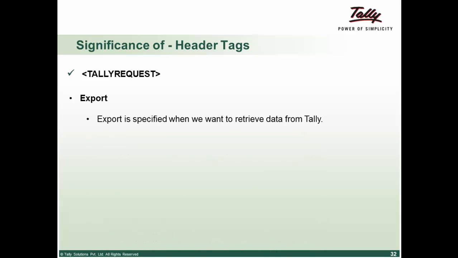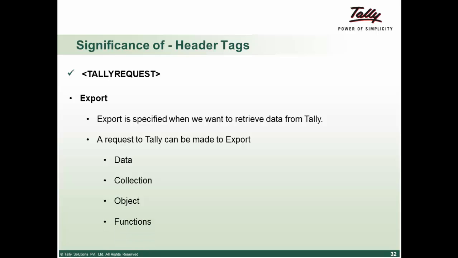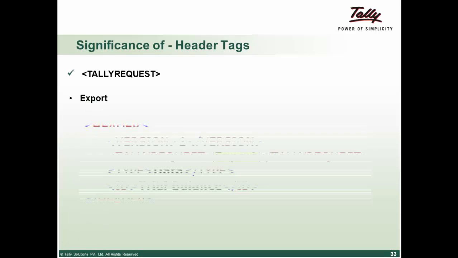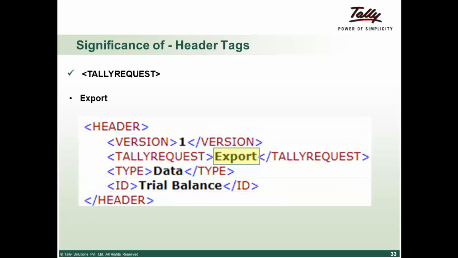This is specified when we want to retrieve data from tally. A request to tally can be made to export data, collection, object and functions. This is how an export tag would look like.